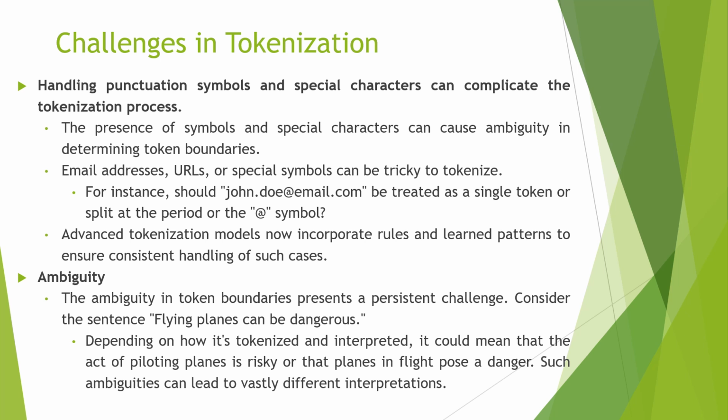Depending upon the tokenization, the meaning of the words or phrase will change. For example, it may convey the meaning "piloting planes is risky," or "planes in flight poses a danger." So this causes ambiguity in interpreting the meaning of the words or phrases in the sentence.